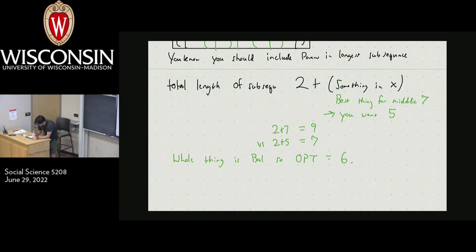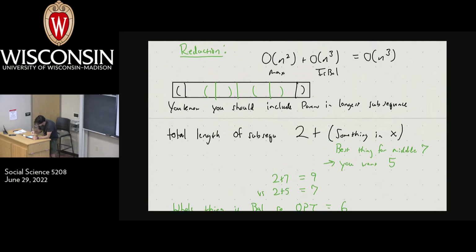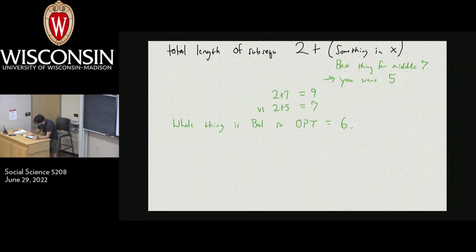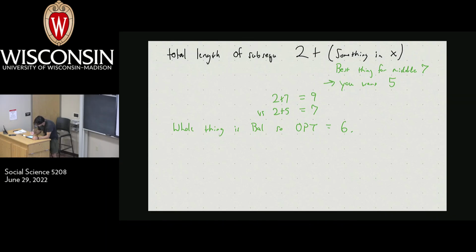And notice that these are also optimal for the subproblem. So what's the longest balanced substring of just the inner region? 4. We take everything again. So the optimal thing is also 2 plus the optimal for the middle.